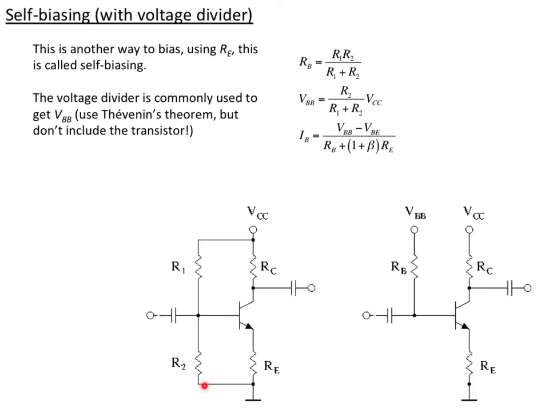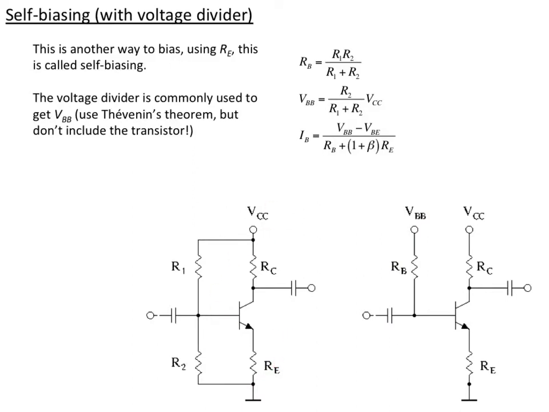The resistor divider here can be transformed into the way we expect it, with a power supply for the base and a resistor for the base, just by using Thevenin's theorem. We leave out the transistor and we do the calculation.